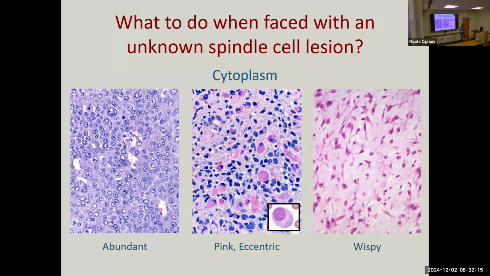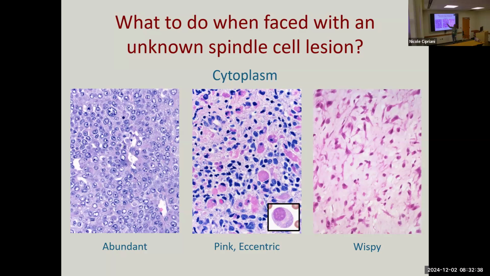Okay, what about the cytoplasm? We already talked a little bit about this wispy, polar, tapered cytoplasm, which could be something like a fibroblast or a myofibroblast. What about if it's plump and pink and eccentric? Sometimes these are called plasmacytoid because they resemble plasma cells, or rhabdoid because they resemble rhabdomyoblasts.